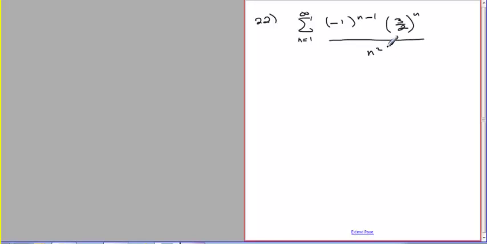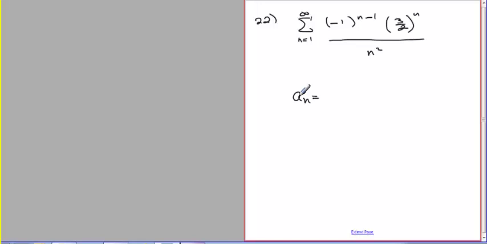We did a similar one. 19 is similar to this, except that we have this alternating part. So we don't actually have to use, well, it says use the ratio test, so I guess we can do that. The problem with using the alternating series test is you have to do this inequality and prove that this is true, and it might not be very obvious what's going on, so we can use the ratio test.